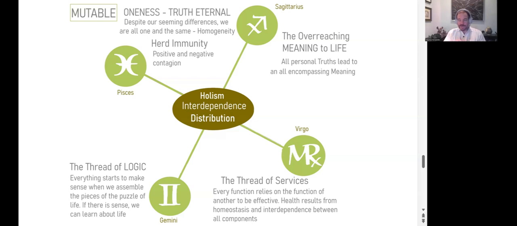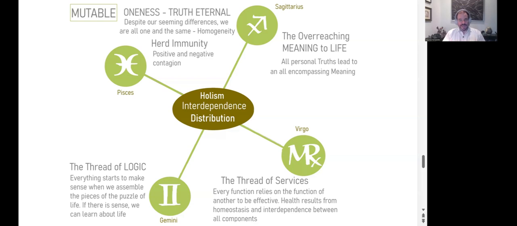Because one of the functions of Pisces is that because it's a mutable sign and because it's so global, it reflects our ability to tap into the collective consciousness. And so the service provided by Virgo can then be distributed through the Pisces channels to the greater whole. Okay, so you can read the book on Neptune and the 12th house and Pisces. It's going to give you all the download on that.